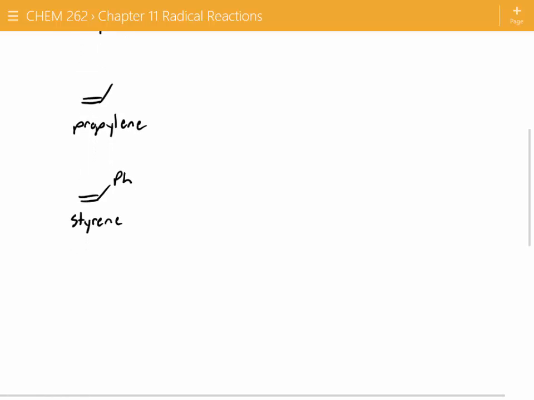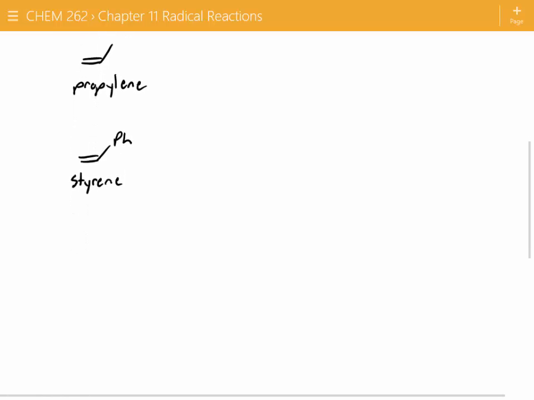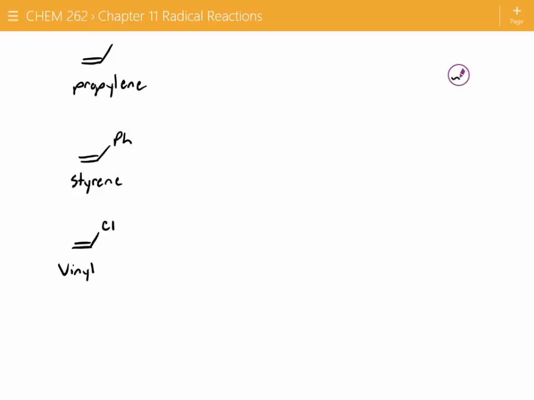And then after that, we've got something called vinyl chloride. So a vinyl group is synonymous with an alkene, and this time it just has one chlorine coming off of it, so they call it vinyl chloride. That's actually allowed by the IUPAC naming system. You could also call it 1-chloroethene if you wanted. It doesn't really matter.